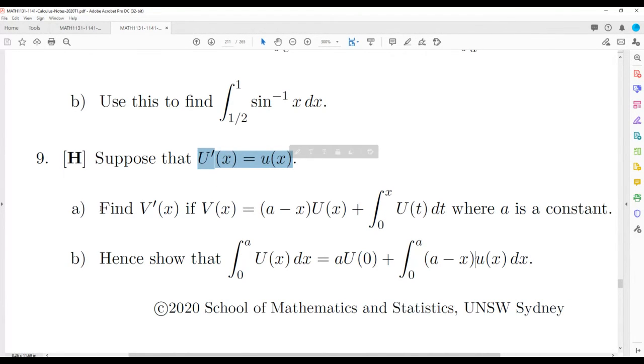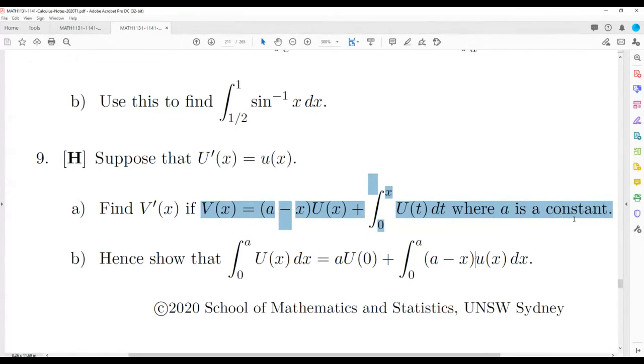Okay, first part, find the derivative of big V if big V is defined this way for some constant A. All right, let's do that first before we move on to B. B is sort of some relationship between big U and little u involving integrals. But let's look at part A first.